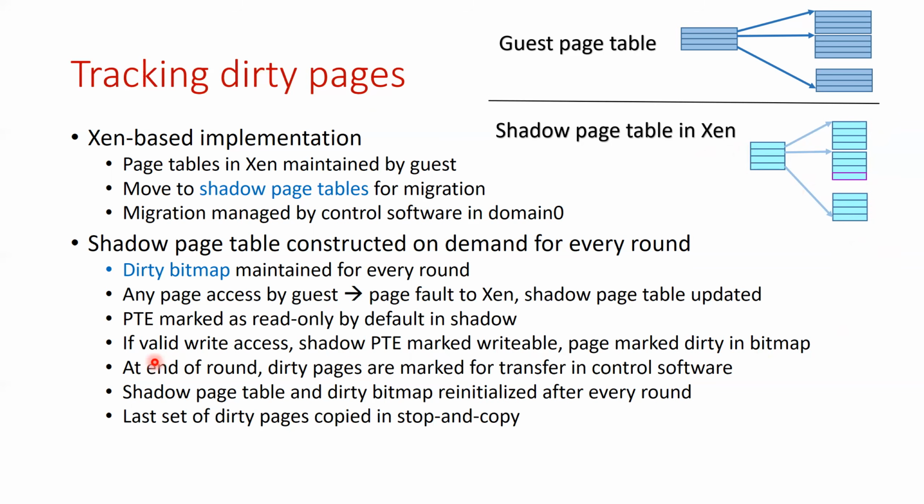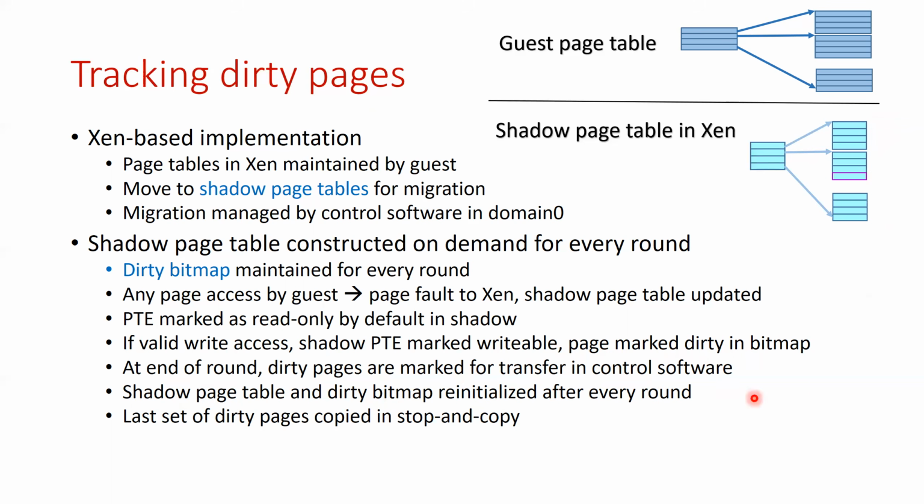So what have you achieved by this? You have gotten to know which guest memory has been written to in this particular round. At the end of the round, you know which pages are marked as dirty, you know what the dirty bitmap is, and you can then take those pages and mark them for transfer. You can tell the migration software to go ahead and transfer these pages in this round of the iterative pre-copy.